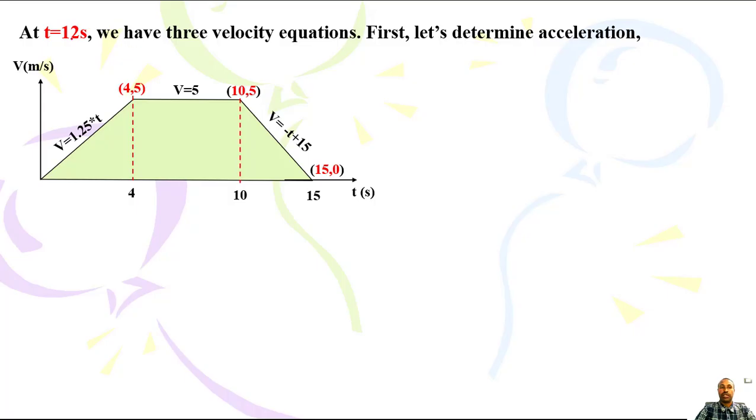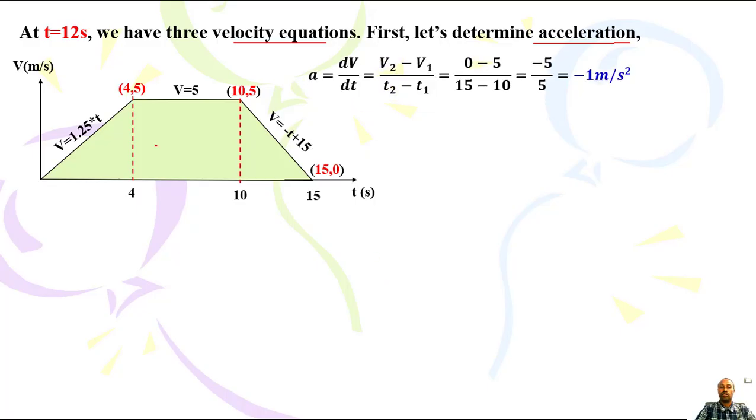Then, at t equals 12 seconds, we have three velocity equations, because 12 is around here. So, first, let us determine the acceleration. Acceleration a is equal to dv by dt, so v2 minus v1 over t2 minus t1.